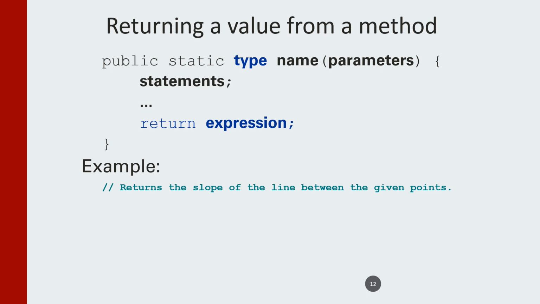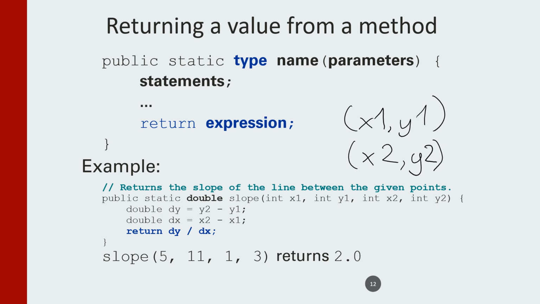Points are usually given as something like x1, y1, and x2, y2, and I know that I need to do the difference between the y's divided by the difference in the x's. So that's rise over run. Great. So I know that I want to type out public static, probably double, slope, and I have 4 parameters, which are x1, y1, x2, and y2.